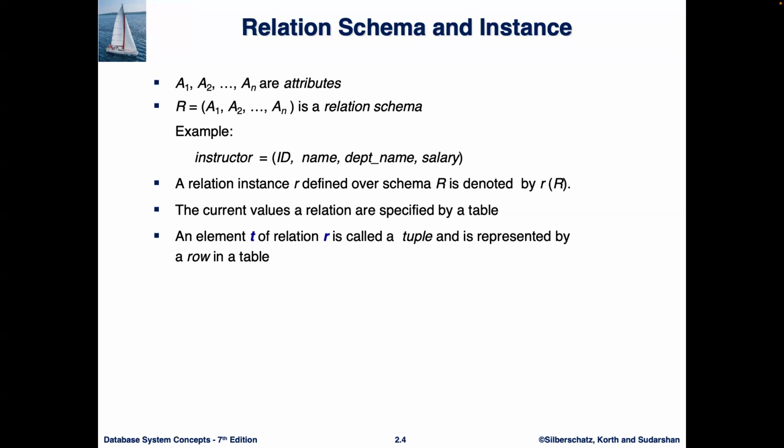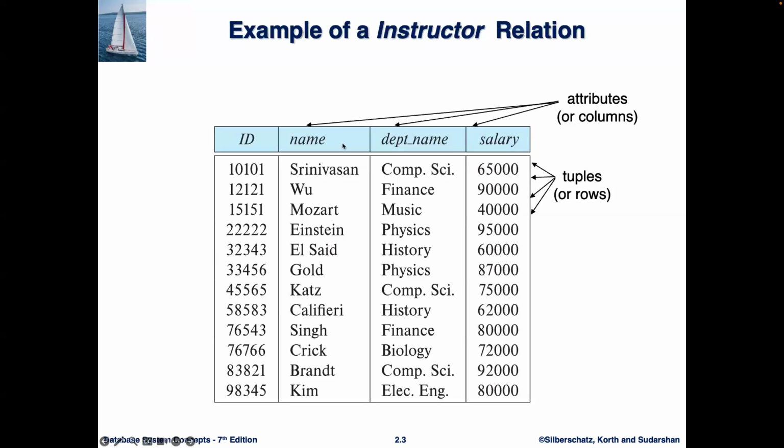A relation instance r is defined over schema R, and is denoted by r(R). What is a relation instance? The relation is the definition of the table. So the relation of instructor is ID, name, department name, and salary. That is called the schema of that relation. But at any given time, for example, when this was recorded, we have this many tuples, and the last tuple we have is 98345, with name Kim, department electrical engineering, and salary 80,000.